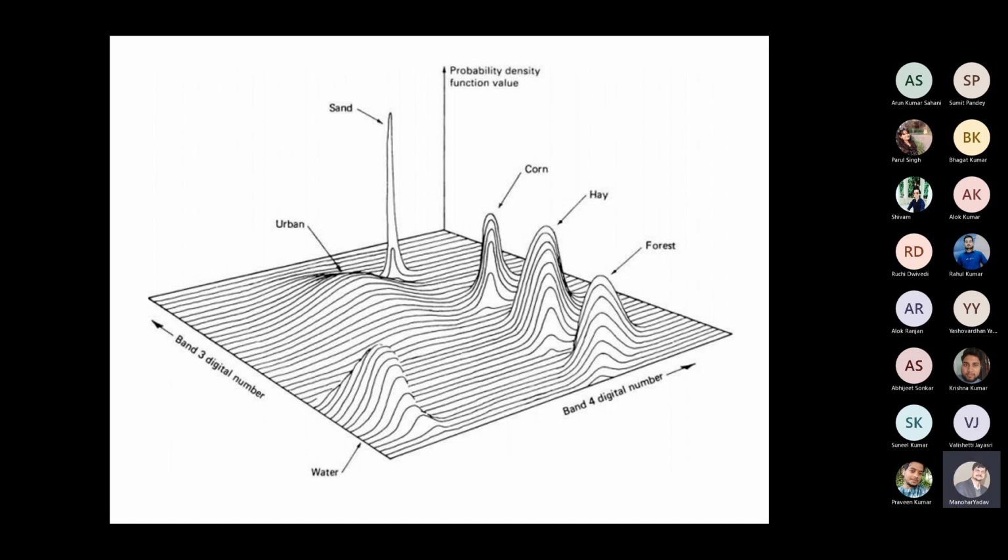If I consider one pixel, and out of 50, 4 pixels are the same and are represented by one set of DN numbers, and there are 10 pixels which are represented by another set of DN numbers, so 4, 10, this is a frequency distribution. And in this way, they are plotted over here. This is called the probability density function.